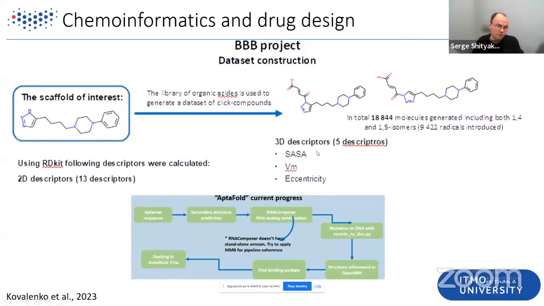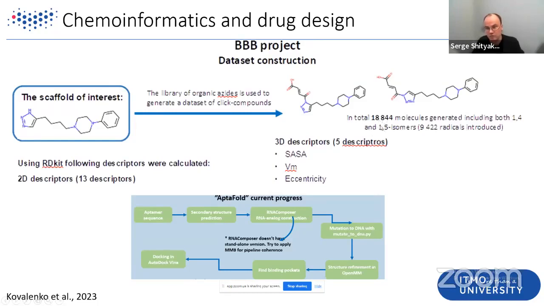Okay, so a couple of words on what we are doing here in the Department of Infochemistry, in the Laboratory of Chemoinformatics, in terms of drug design. This is a scheme which we developed. We are using the scaffold of interest, and by applying some rules like organic synthesis rules, like click reaction, we were able to synthesize various molecules which are able to permeate the blood-brain barrier.